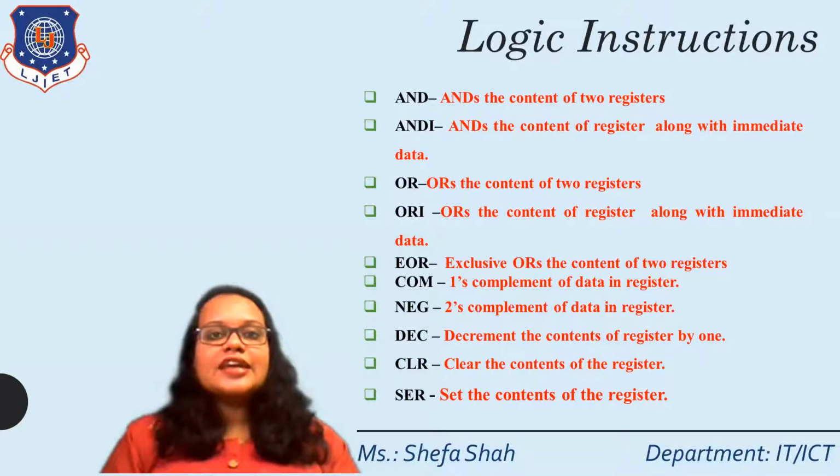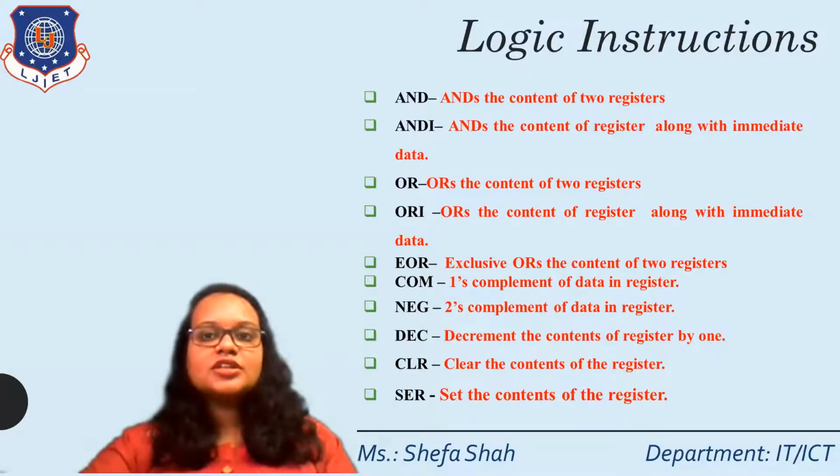And last, SER will set the content of the register, so the register will have FFH data, that means all 8 bits will be equal to 1. Clear? So these are the logical instructions.